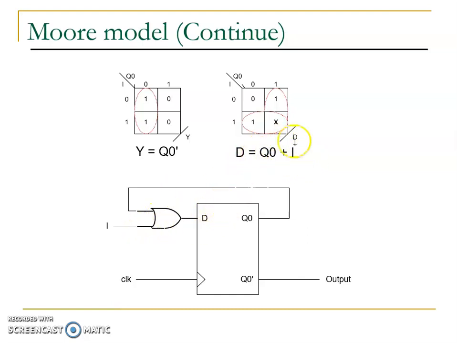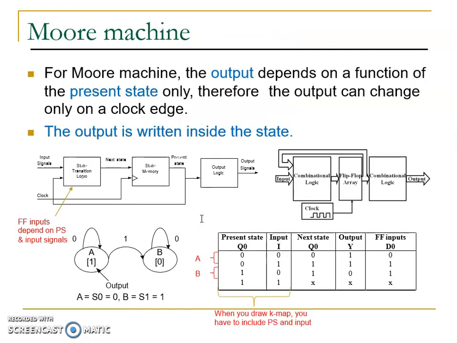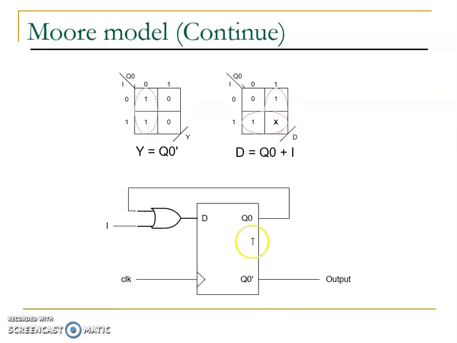After we complete and get the equation from the K-map, we can draw the circuit. Because this design only has one bit, we have to use one flip-flop only. So Y is equal to Q naught bar. So where is Q naught bar?